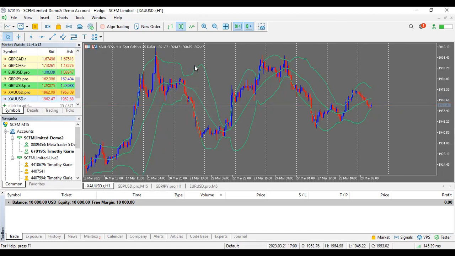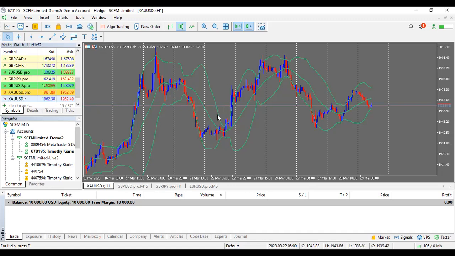There was a squeeze, and the candles began to break out on the lower side, below the lower Bollinger Band. So this means that you take your trade in the direction of the breakout, and here you needed to take a sell in the direction of the breakout.